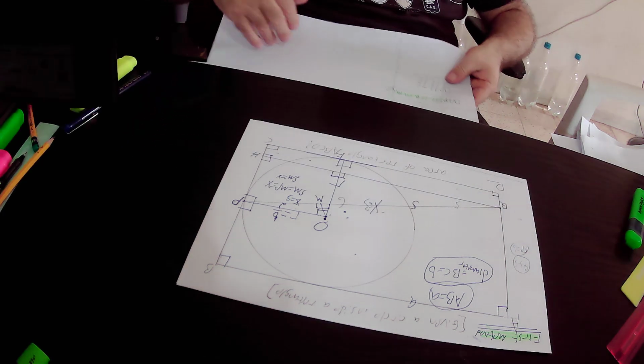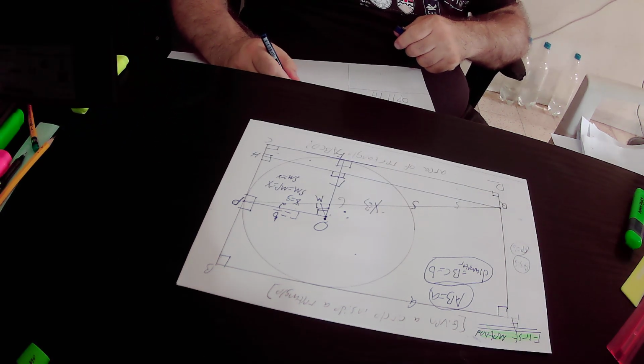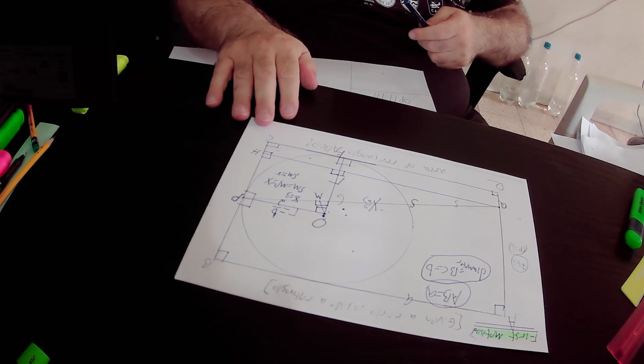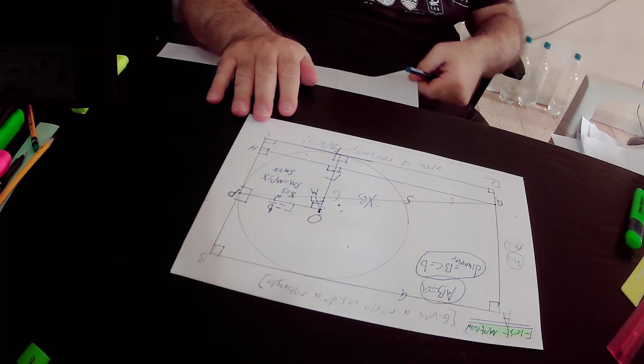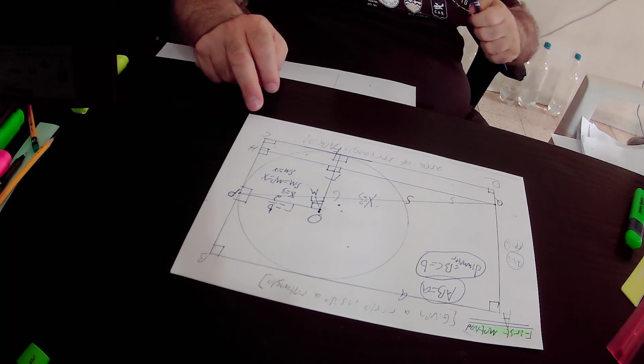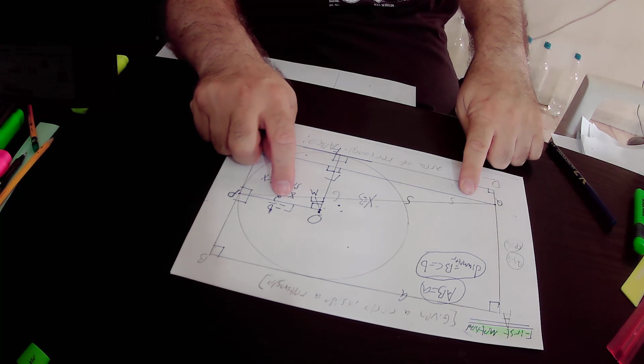Because in our drawing, we have the parallel lines OP and QH. Those two angles are defined as alternating angles, and they are located between the parallel lines OP and QH, therefore they are equal to each other.